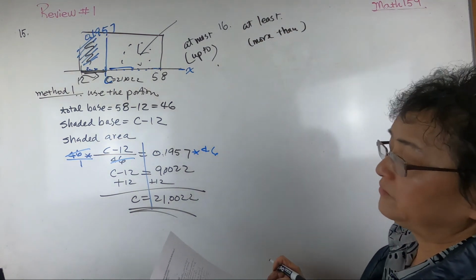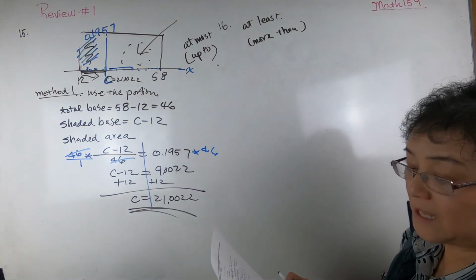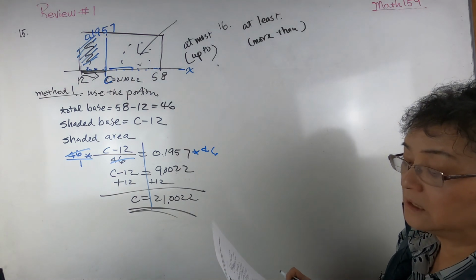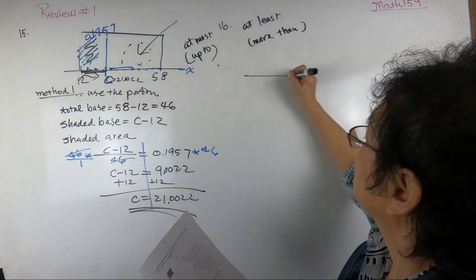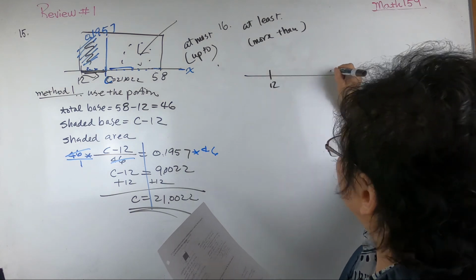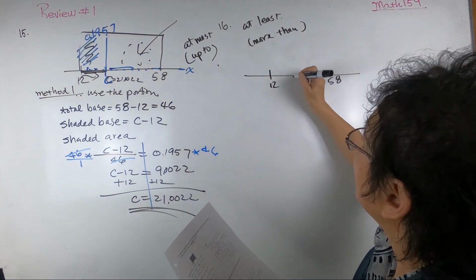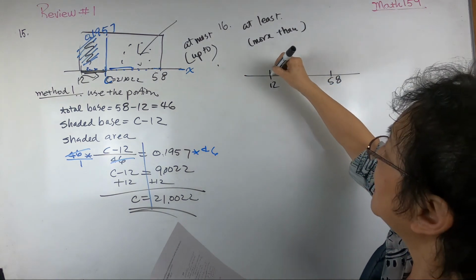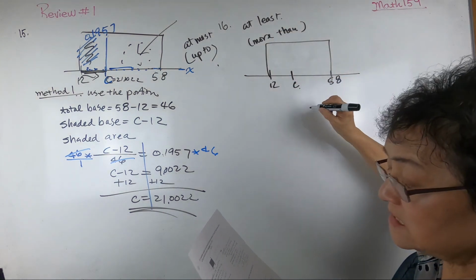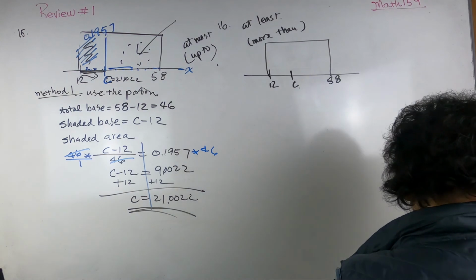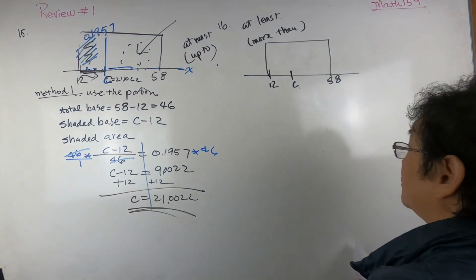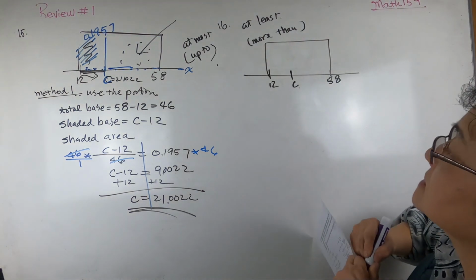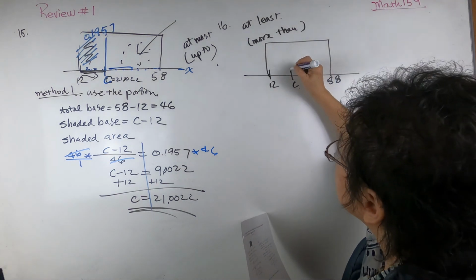So if it says a random variable x is uniformly distributed between 12 and 58, find the value of c so that the probability x happens is at least 0.8043. When it says at least, you need to find c.